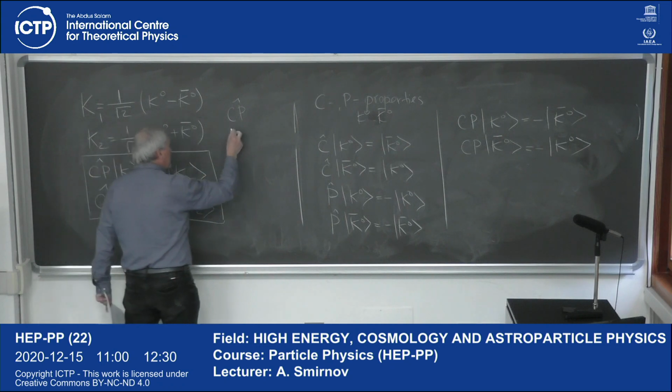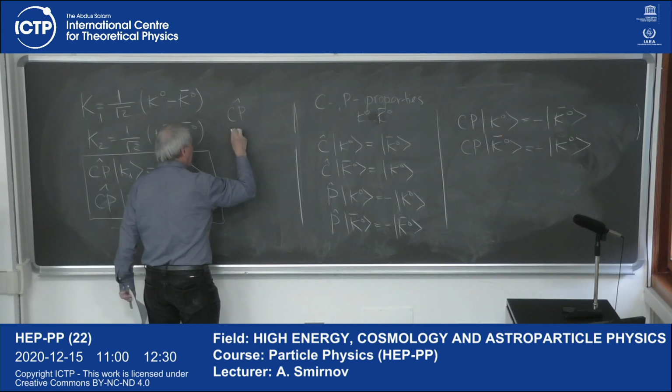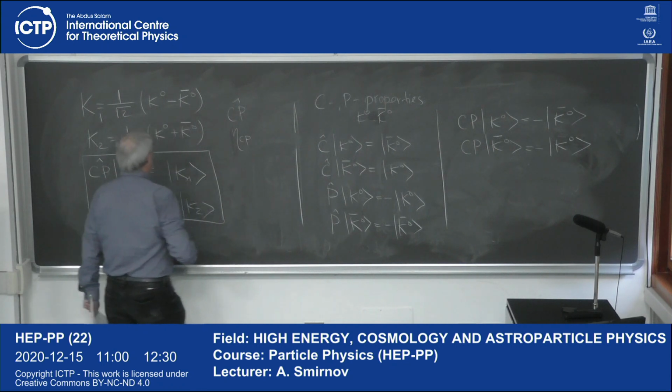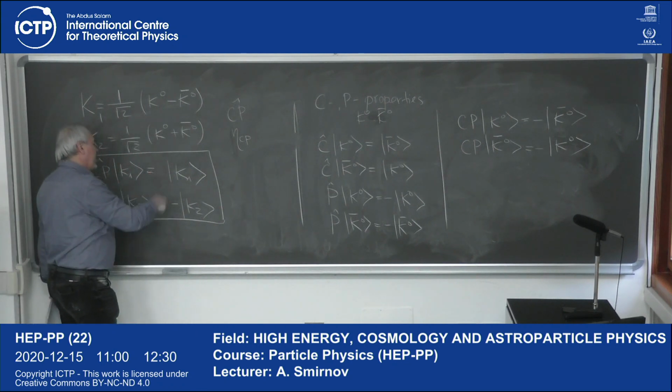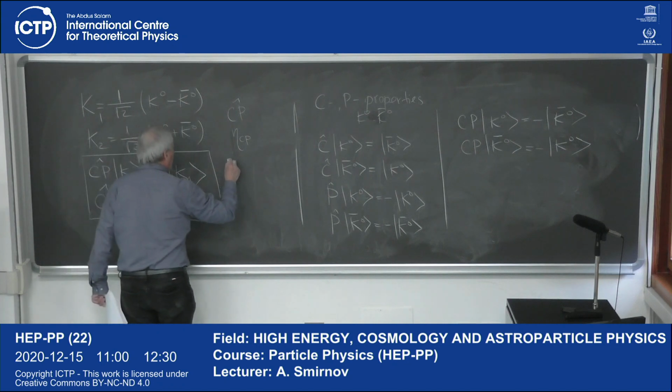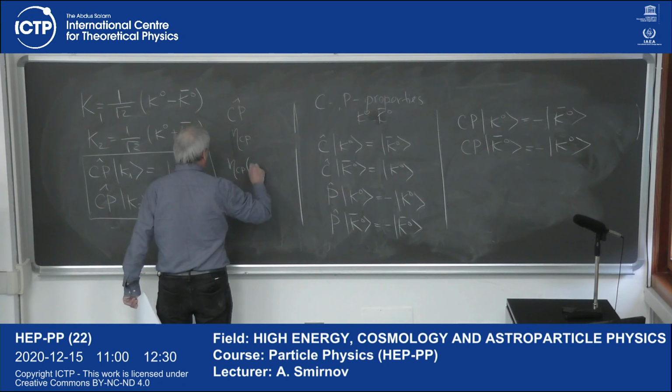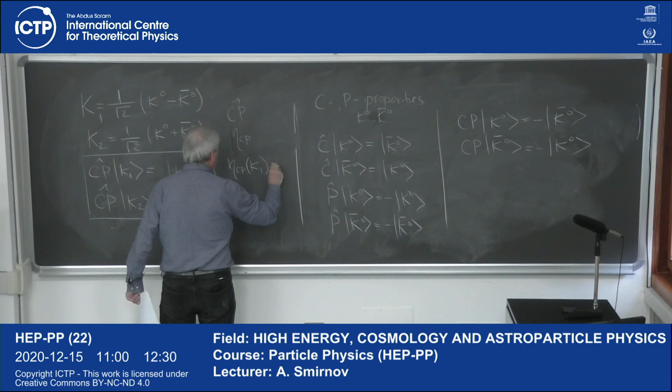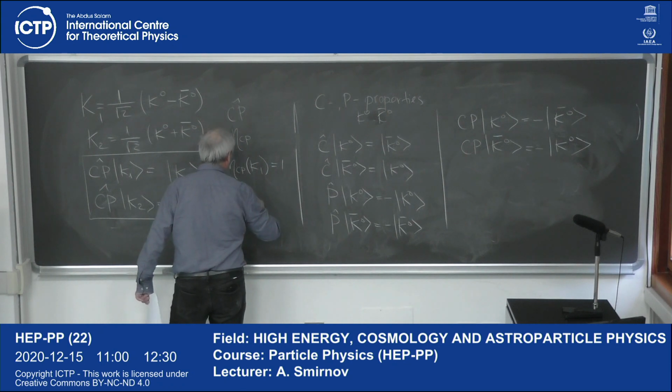And we can introduce CP parity, which is the eigenvalue of this equation, and therefore the CP of K1 is 1, and the CP of K2 is minus 1.